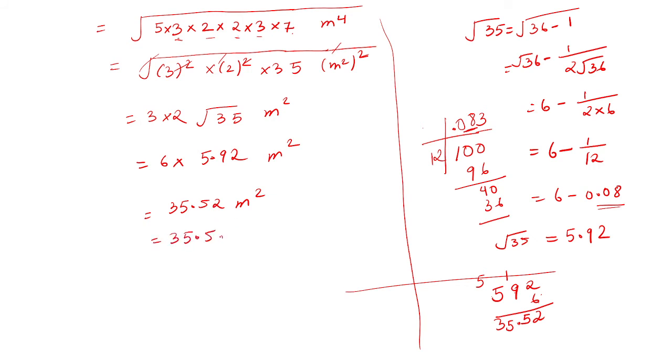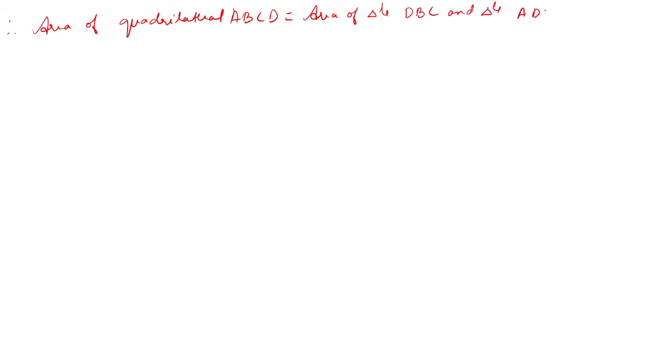Okay, 2, so you can just omit that. Therefore, finally, area of quadrilateral ABCD is equal to area of triangle DBC plus triangle ADB.